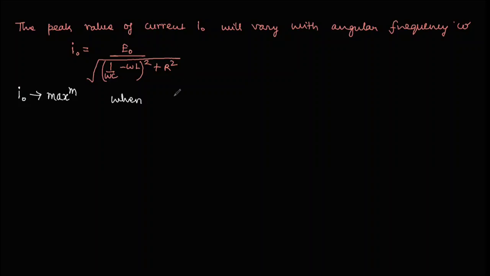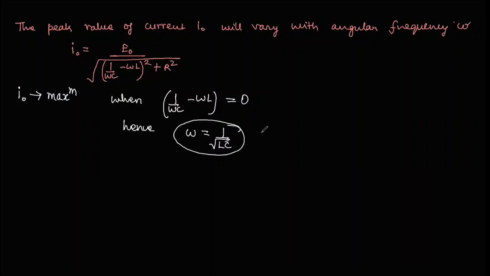The minimum value of the square function is when 1 by omega C minus omega L is equal to 0, and hence I write that for omega equal to 1 by root over LC, the value of I naught will be maximum.